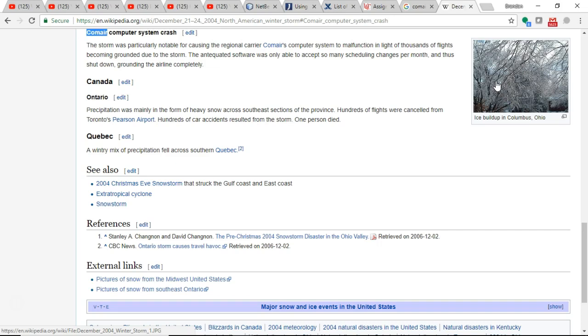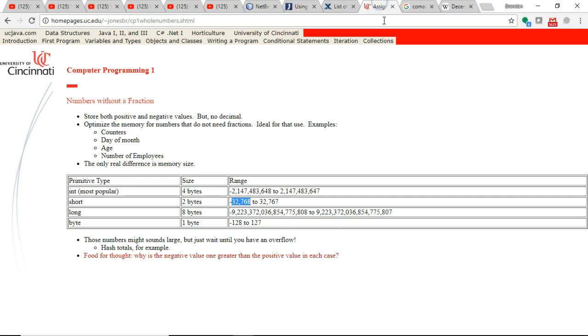And the reason was their rescheduling system for aircraft and for personnel could only hold 32,767 changes. And because of the snowstorm, because they had canceled so many flights, they had to reschedule more than 32,767 aircraft crew, aircraft, and everything else that has to be rescheduled.